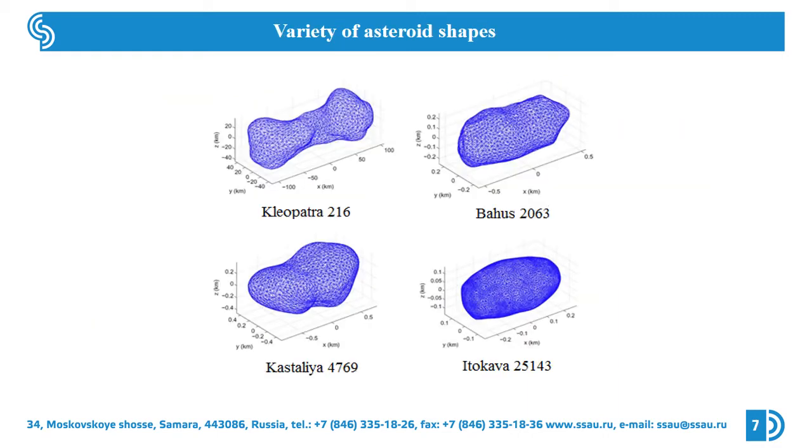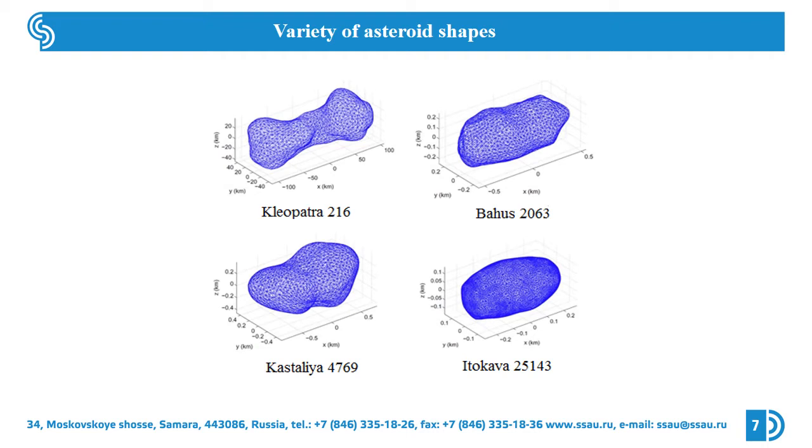We design a research mission and develop means of countering asteroid danger. The problem arises of developing control schemes for spacecraft in the fields of attraction of asteroids as objects with a complex geometric shape.